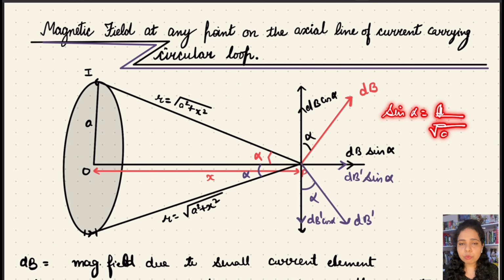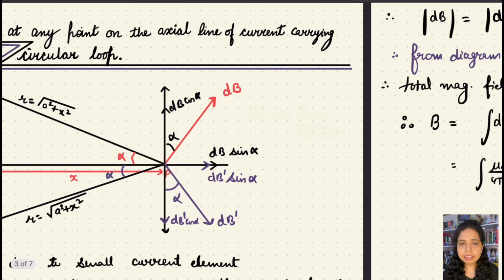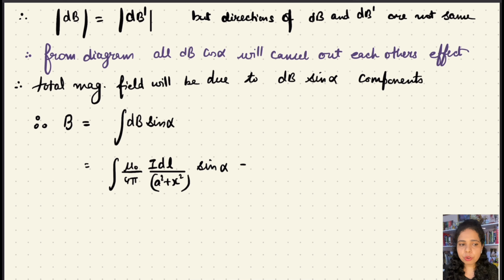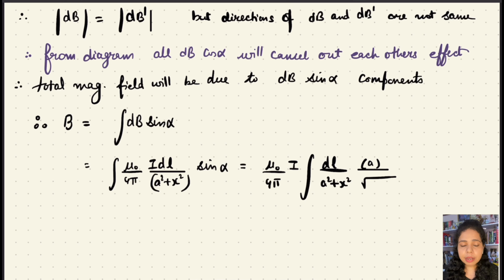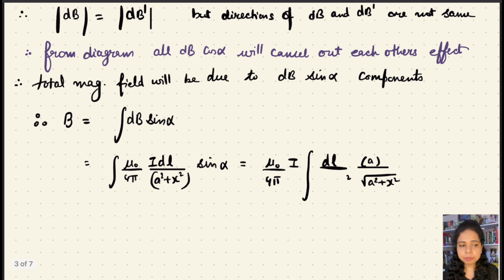So we will put this value in this integral. We have dB equal to mu naught upon 4 pi I, and taking mu naught upon 4 pi I out of the integral, we have mu naught upon 4 pi I integral dl upon a square plus x square, substituting the value of sine alpha, a upon under root of a square plus x square. Now we can take the other terms out of the integral as well.